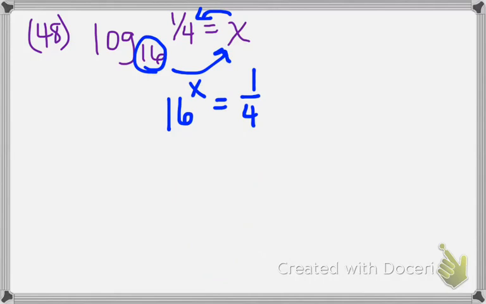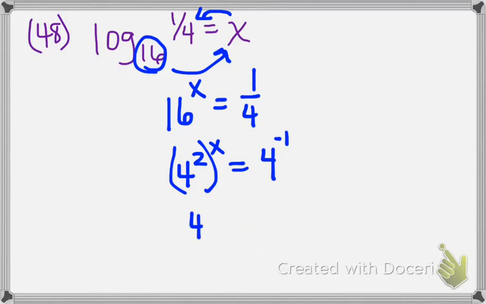So I'm actually going to rewrite on both sides. I'm going to write 16 as 4 squared. And 1 over 4 is the same thing as 4 to the negative 1 power. So what I have now is 4 to the 2x power equals 4 to the negative 1 power.